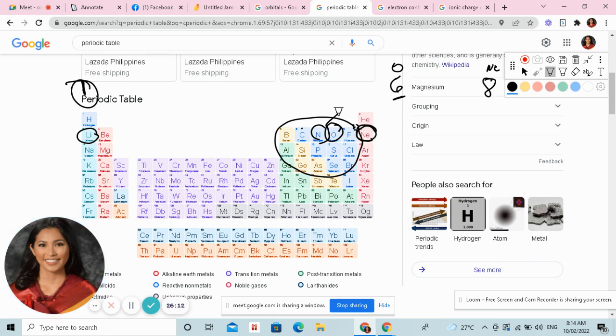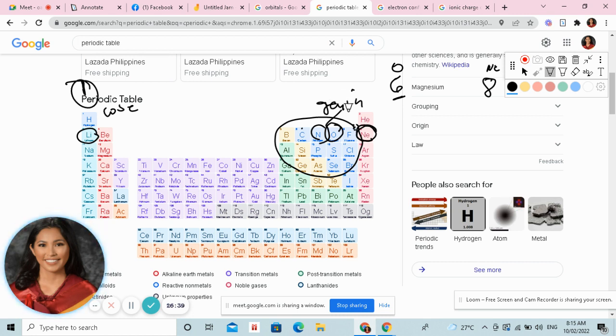It is easier for metals to lose because they have fewer electrons. In the case of non-metals, it is hard for them to lose, so they gain. So always lose for metals, and gain for non-metals.